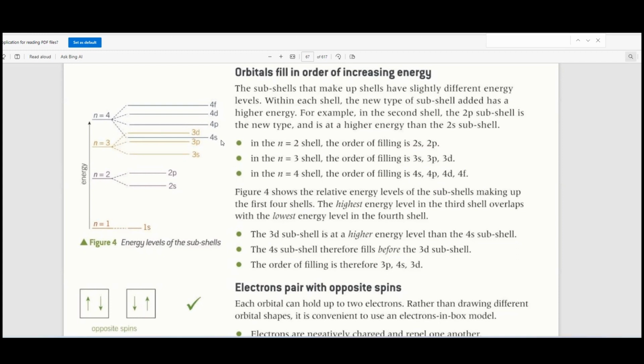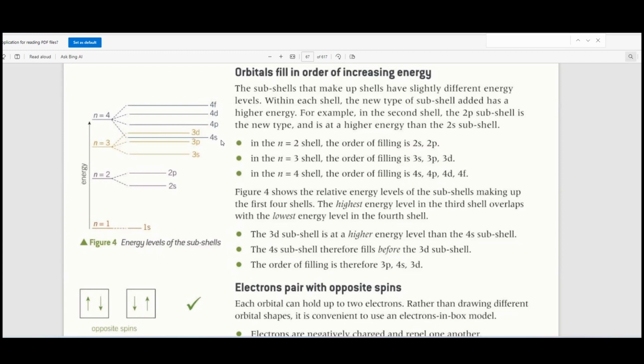So 4s will be far further from the nucleus as compared to 3D. So 3D will be in the inner region of the atom compared to the fourth one. So that's why it's called 4s and not 3D. That is what I think.